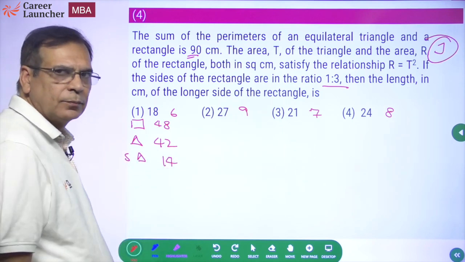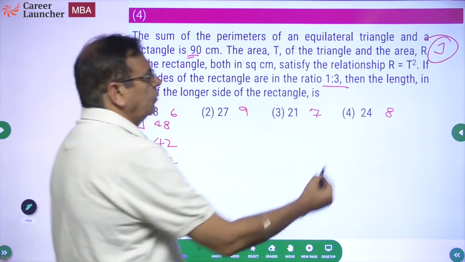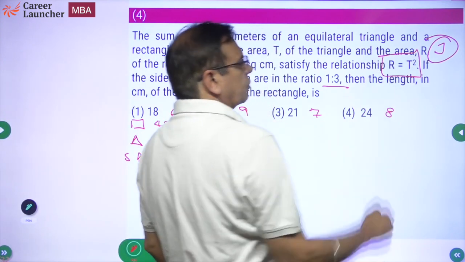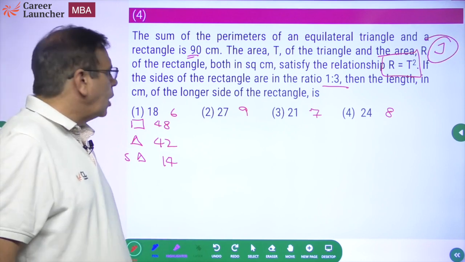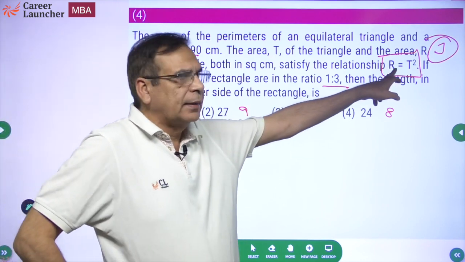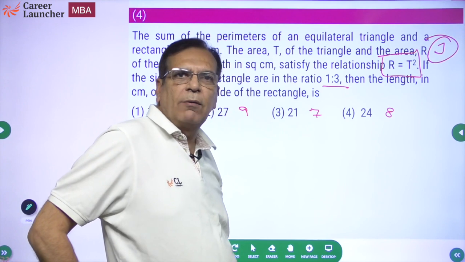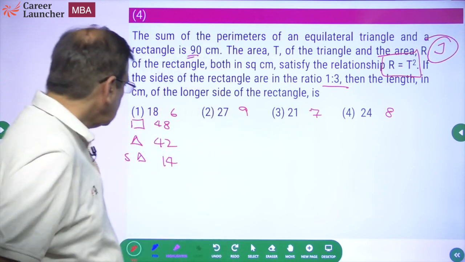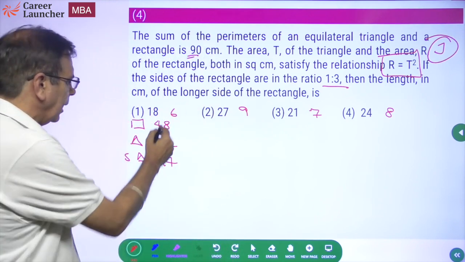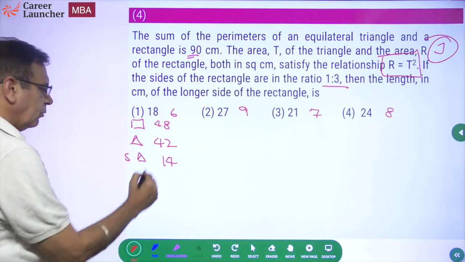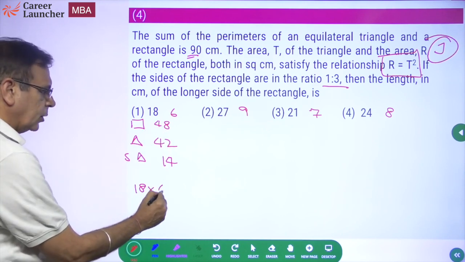Is this fine? What do we need to find out? We need to check out if the area of the rectangle is equal to the square of the area of the triangle, right? So what is the area of the rectangle in this case? Area of the rectangle will be 18 into 6.